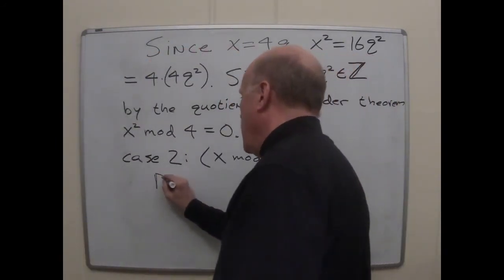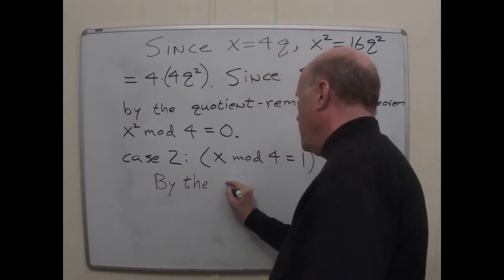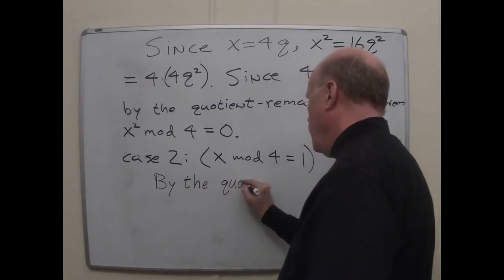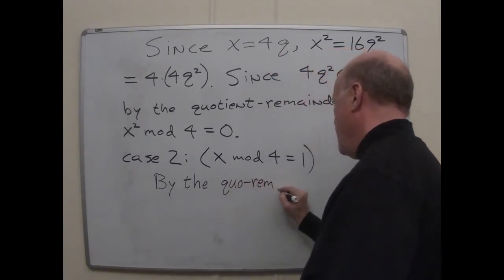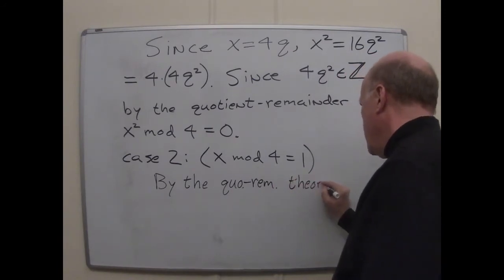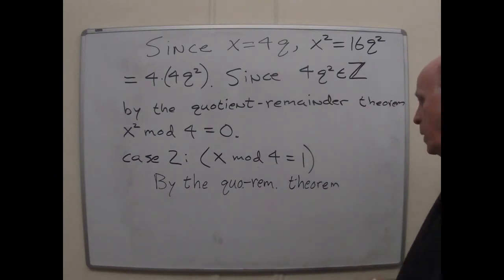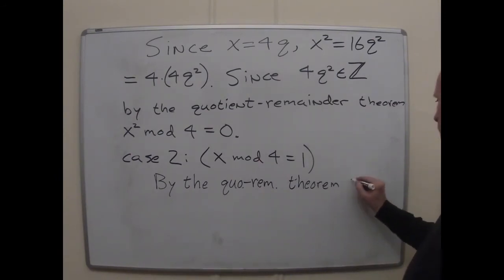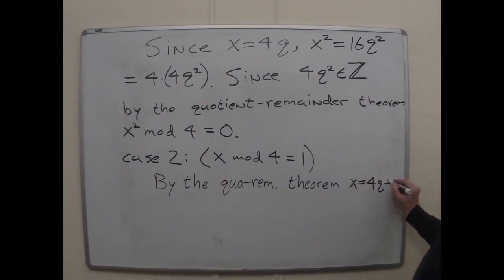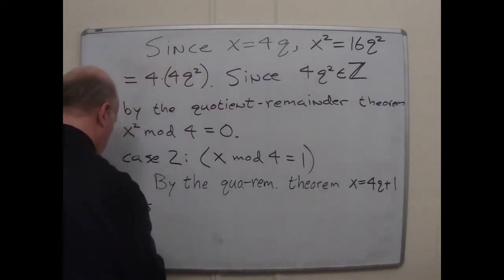So by the quotient remainder theorem, I think I'm going to abbreviate it quo rem. I'd be fine with reading that abbreviation. By the quotient remainder theorem, x is equal to 4q plus 1 for some q in the integers.